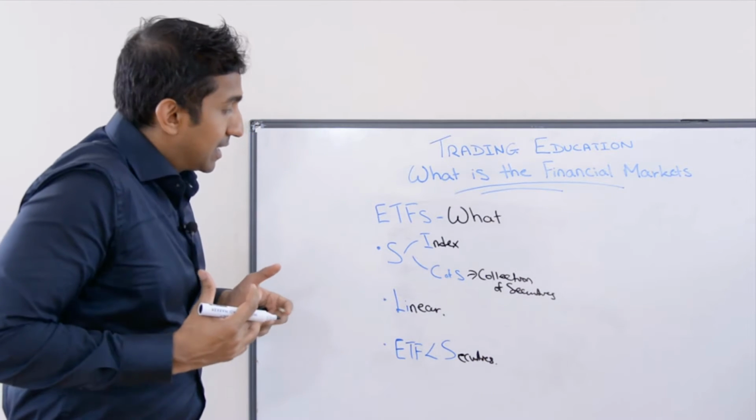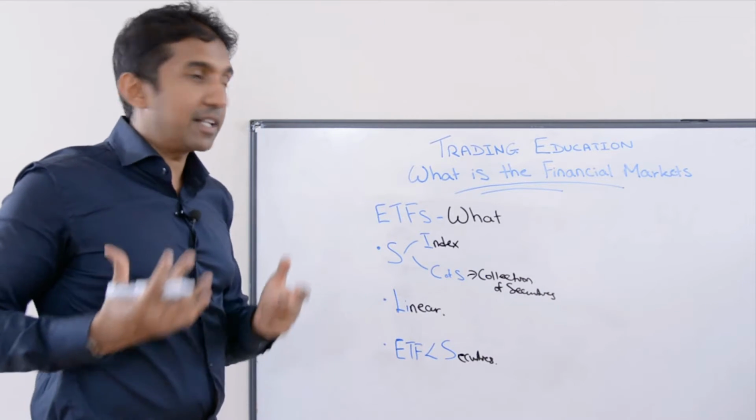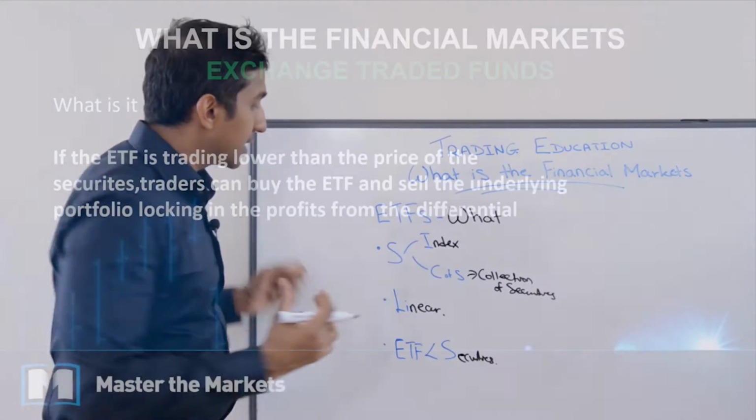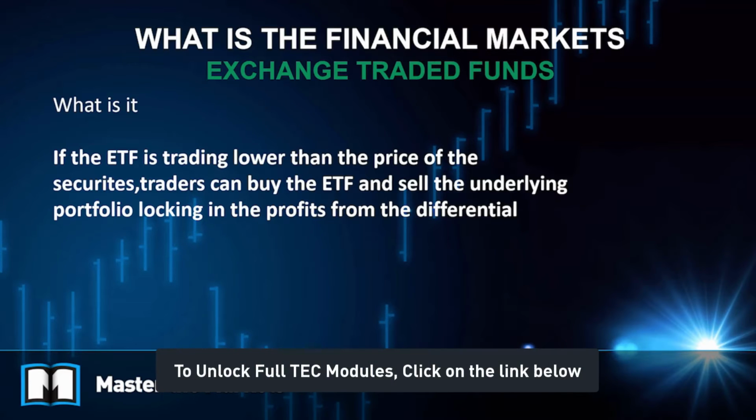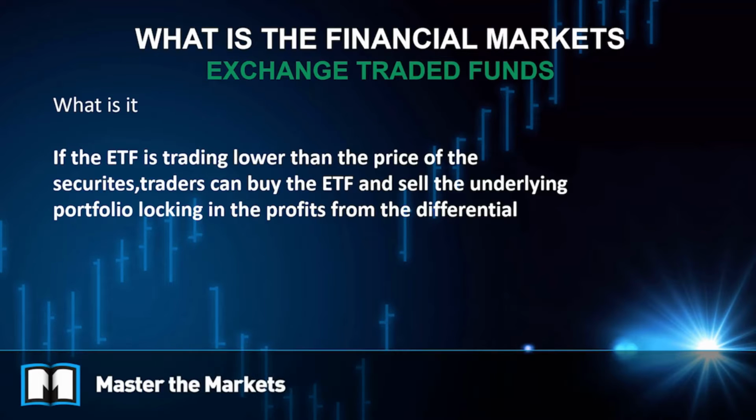An easy trade to make money out of it is to buy this exchange traded fund and then sell the underlying portfolio that it is linked to, and lock in the profit from the differential price. That is one way to help you understand what an exchange traded fund is.